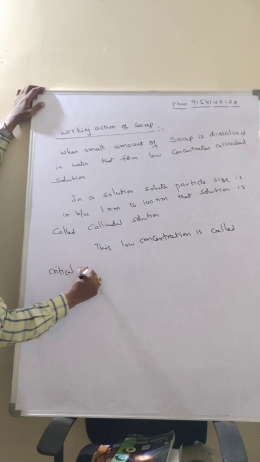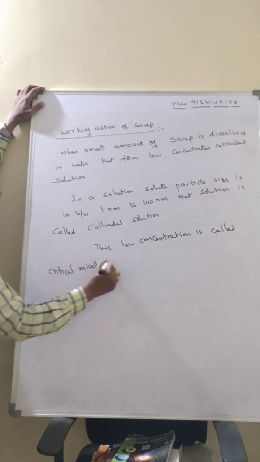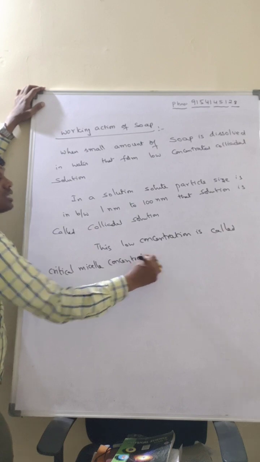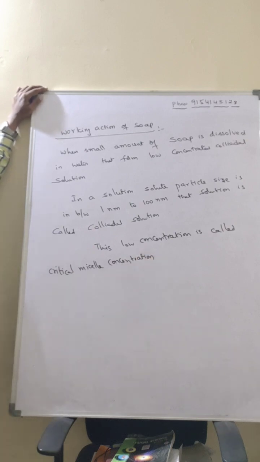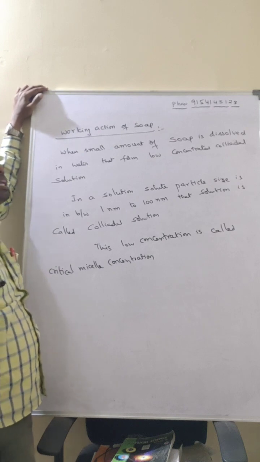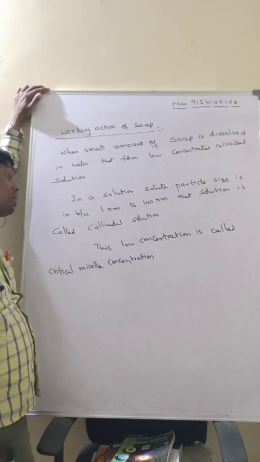Critical micelle concentration. What is meant by micelle? The aggregation of all colloidal molecules together at a particular point.